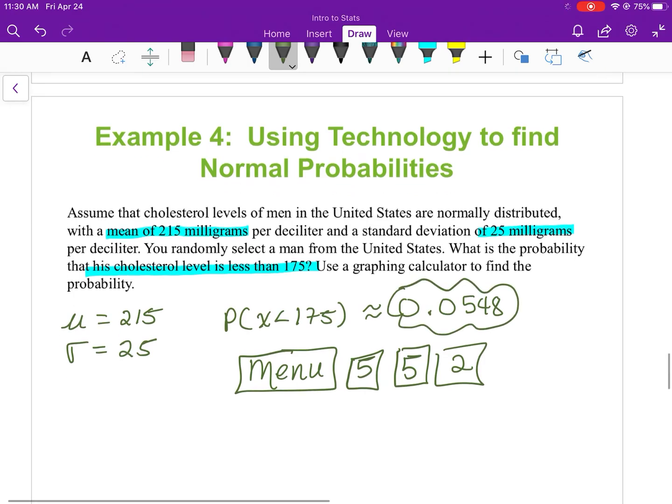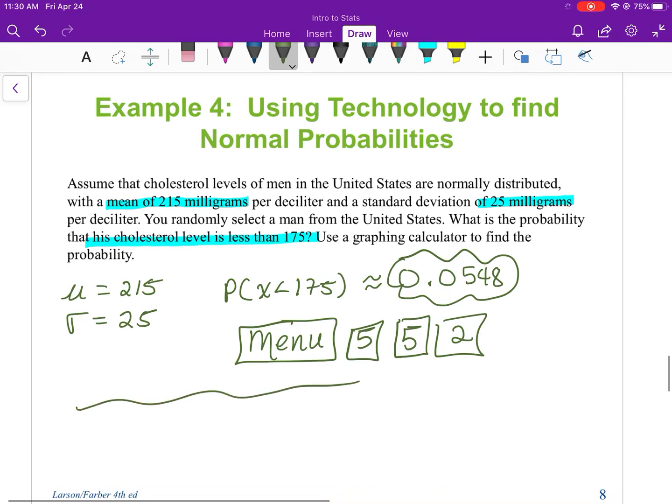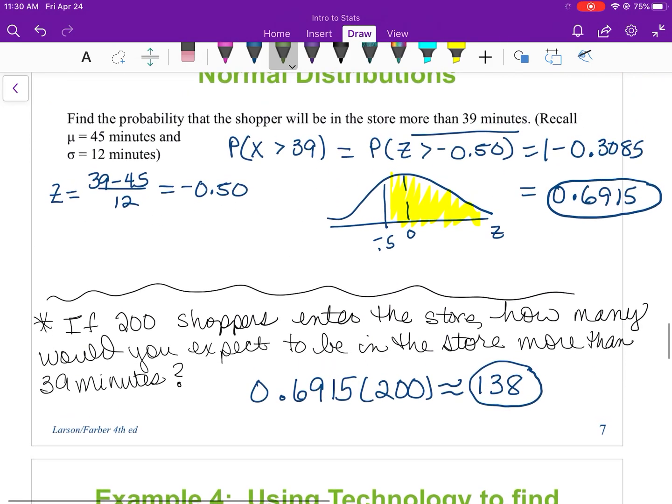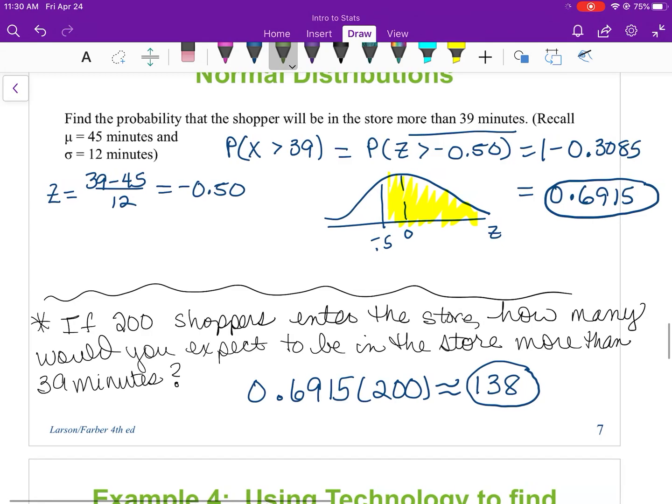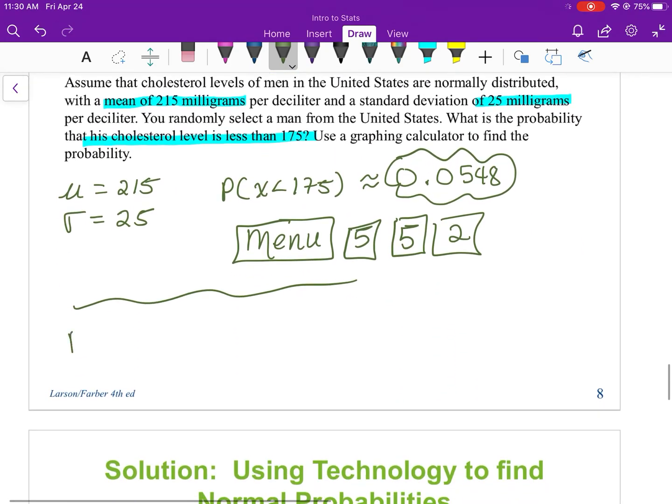If I were doing a problem such as the probability of X is greater than 39, and I had to enter that into my calculator, my lower bound would be 39, and my upper bound would be tricky because it would be infinity. So I don't think you can enter that. I do believe you're going to have to do 1 minus the probability that X is less than 39. So keep that in mind.